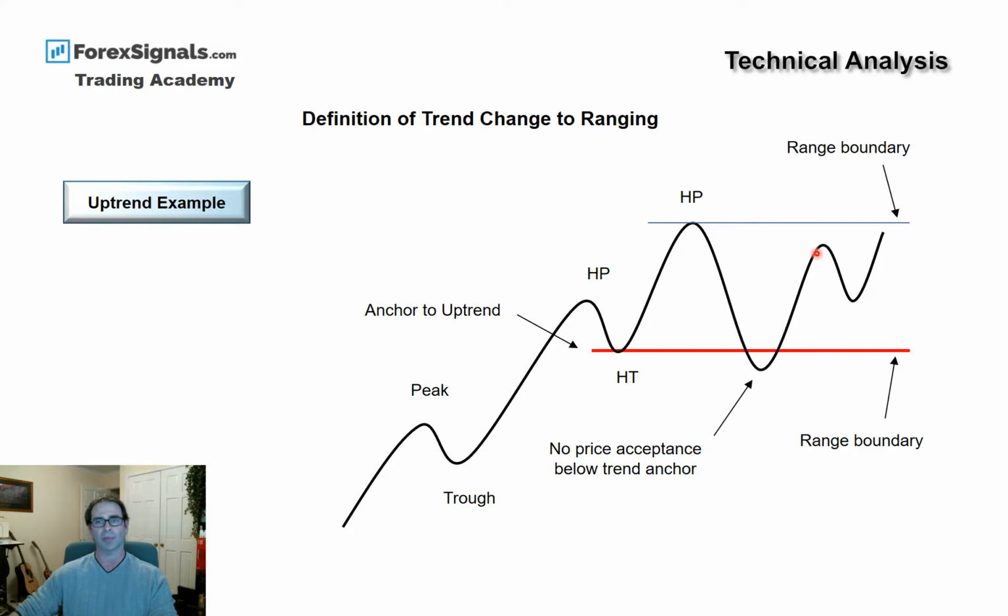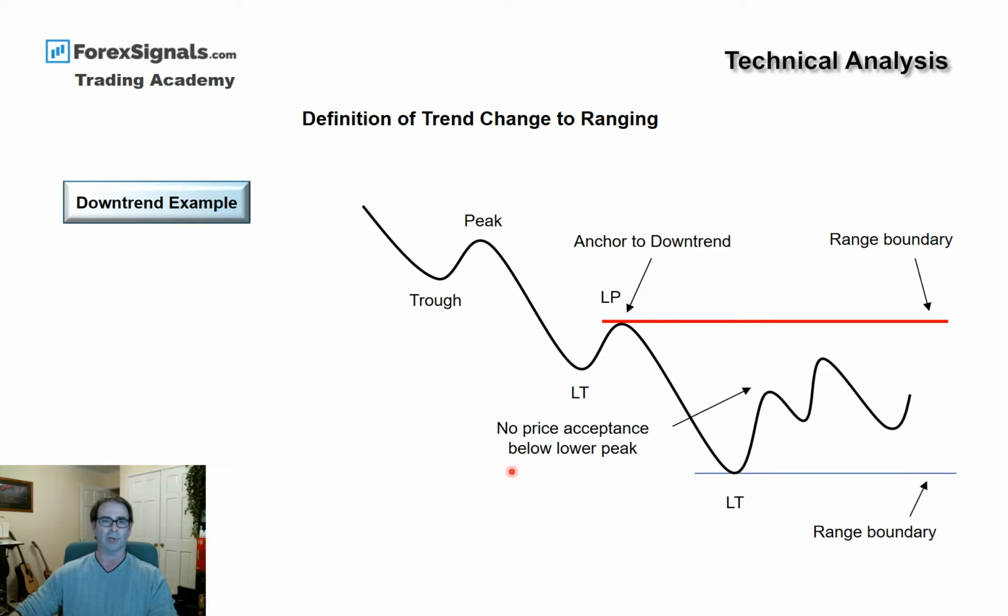Prices pushed up. It's given us a bit of a swing in here, but it hasn't penetrated the top boundary. So until such time as it either penetrates each of these range boundaries, the high or the anchor to the low, we need to consider that price action in here is ranging behavior.